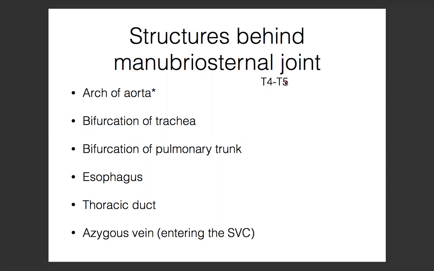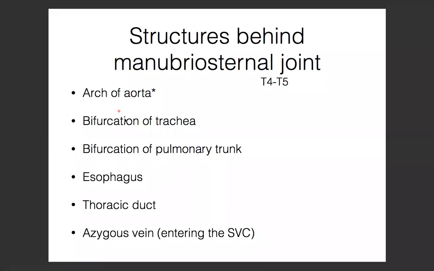You always find this in the clinical papers. And they'd ask you what structure is most likely to get damaged. So in this situation, you have to know what structures are found right behind the manubriosternal joint. And the most common structure that's going to get damaged, or the structure that's right behind it, is the arch of the aorta.